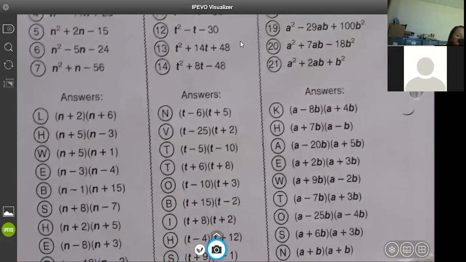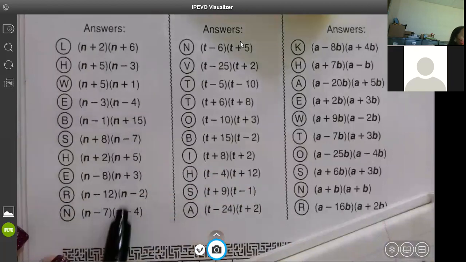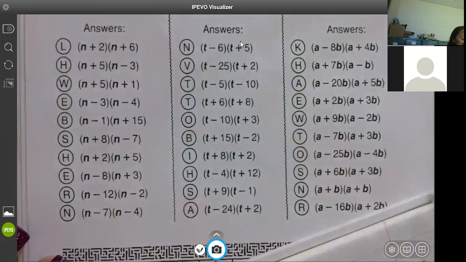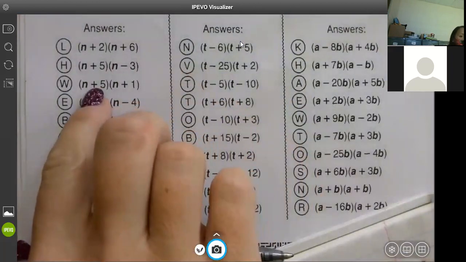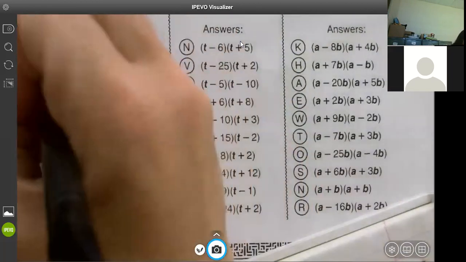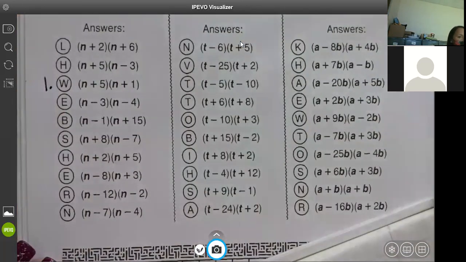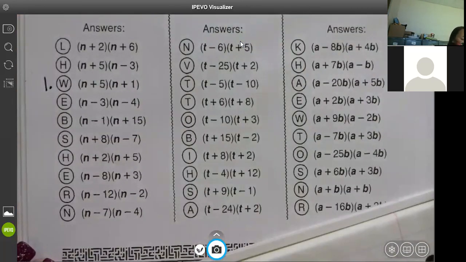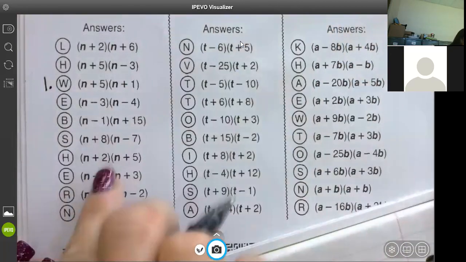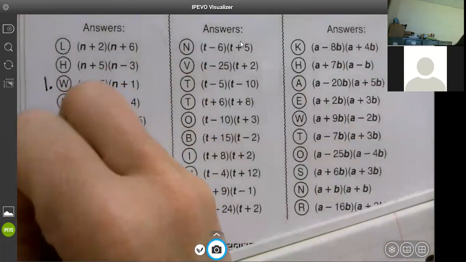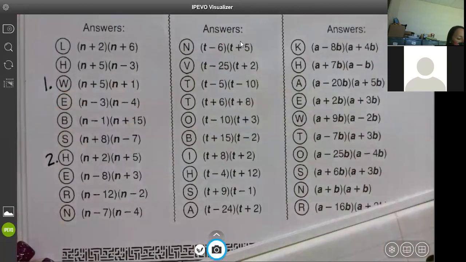So all you're going to do after that is look down at the bottom. All of these answers go to 1 through 7. The first answer was n plus 1, n plus 5, which is W right here. So number 1 is W. Number 2 is n plus 2, n plus 5, which is right here on H. So this one was number 2.